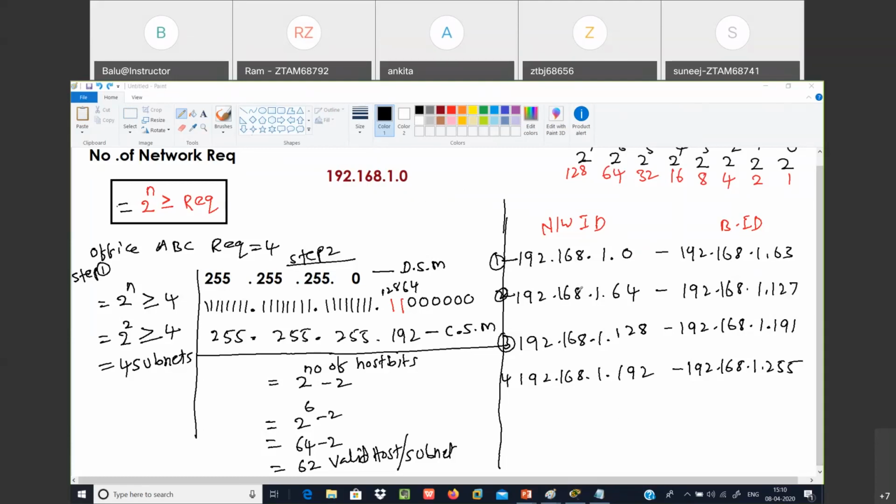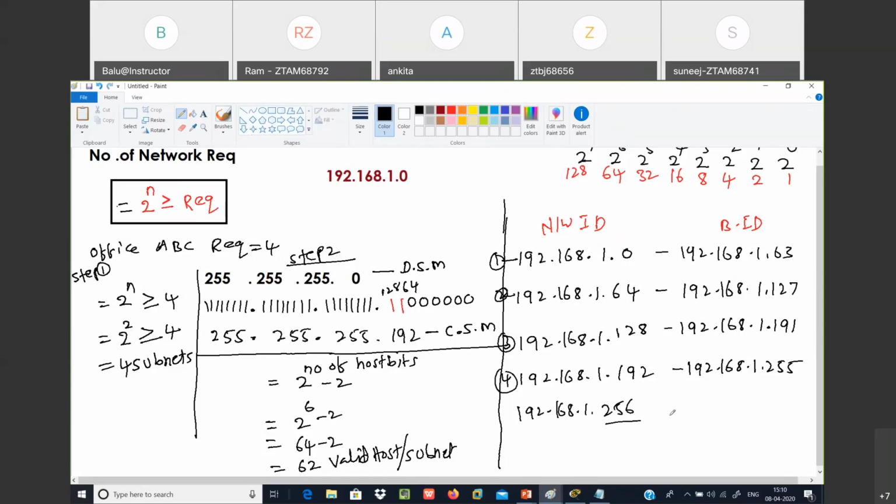So you just keep on adding. Which is the least converted bit here? 64 is the least converted bit, right? So 1.0 plus 64 plus 64 plus 64 and again plus 64: 192, 168, 1.256.